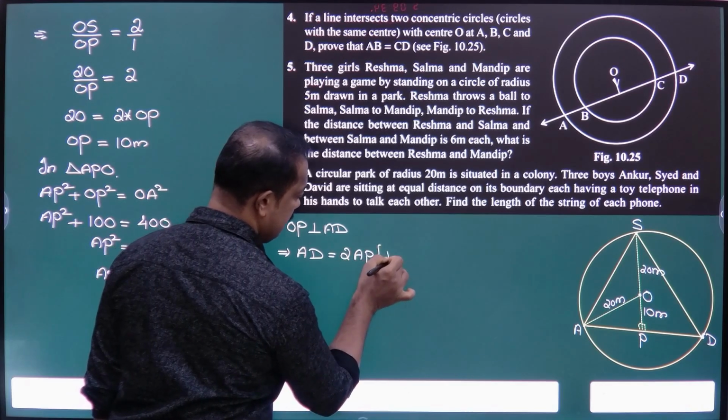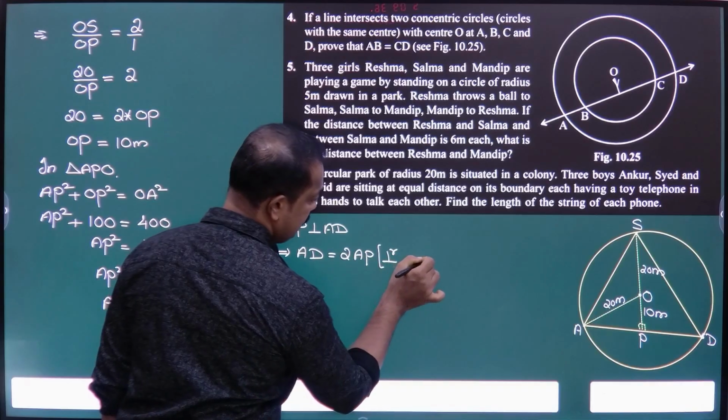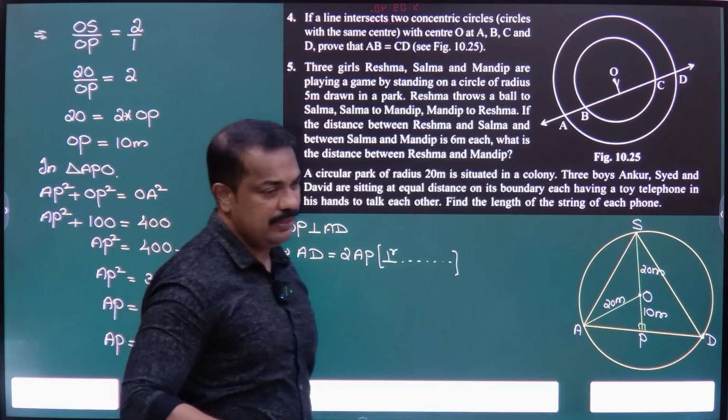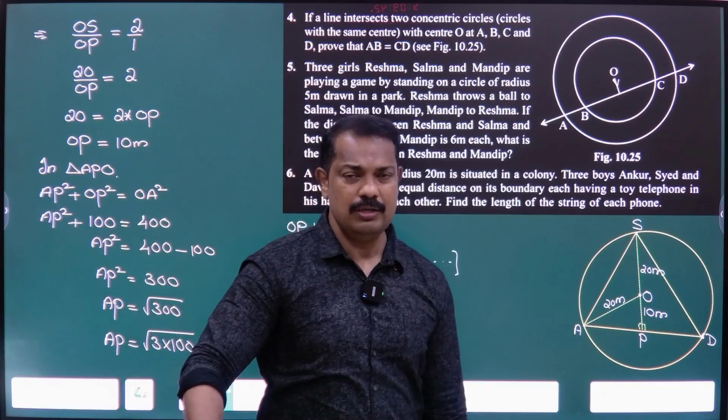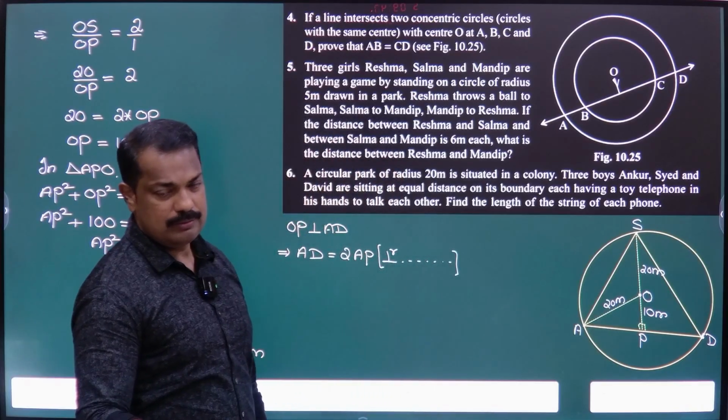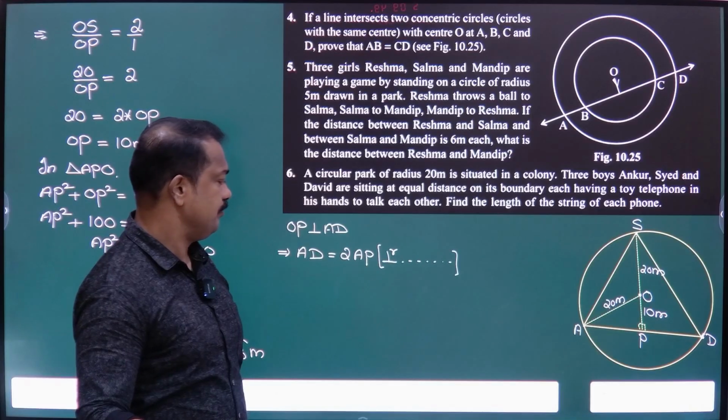Write in bracket, perpendicular from center to the chord bisects the chord.